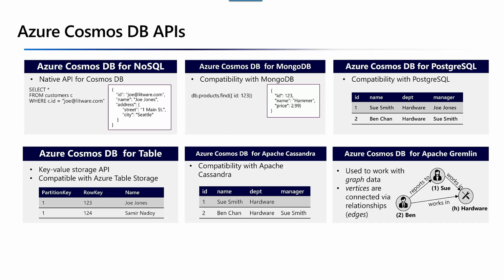This is the beauty of this approach, that they have implemented the APIs of all these software in front of the Cosmos DB. Okay? So the Gremlin API is used to work with data in a graph structure, right? And graph, this is based on graph theory, right?